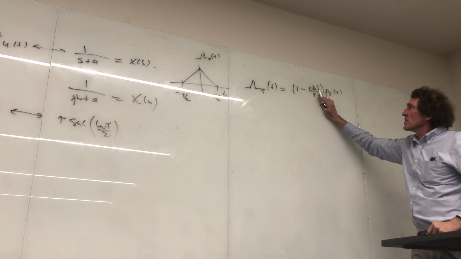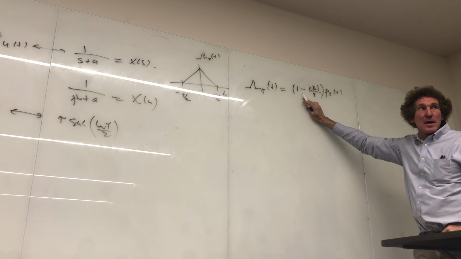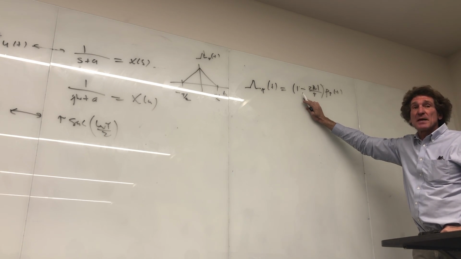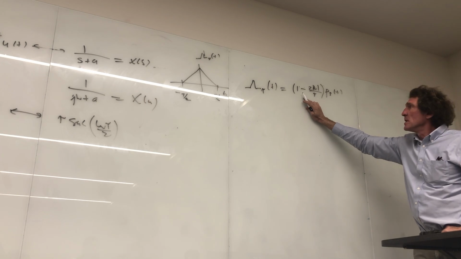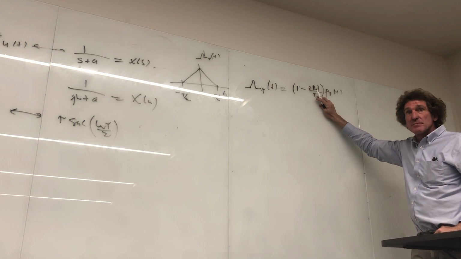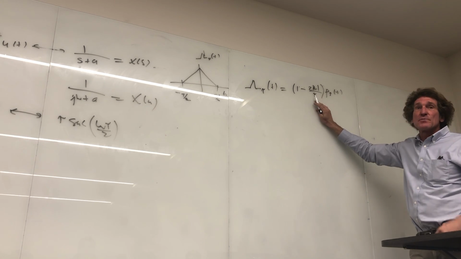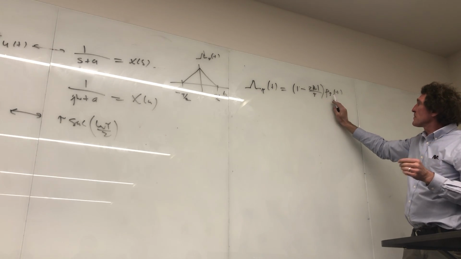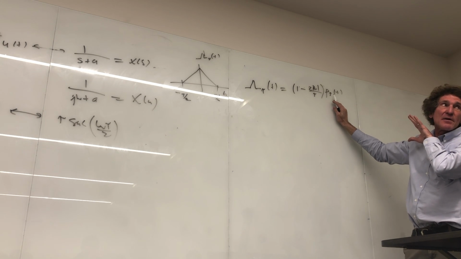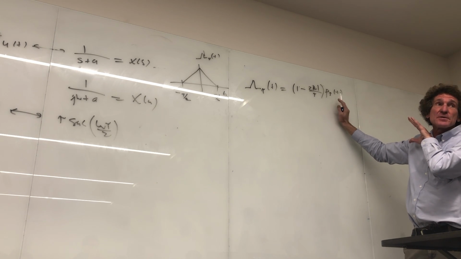Put in 0 here. What do you get? 1, right? It goes to 0 at what? At t equals plus and minus tau over 2, correct? If you put tau over 2 times 2, you get tau over tau is 1, 1 minus 1 is 0, right? All other values outside that range from minus tau over 2 to tau over 2 are 0. This is the triangle function.